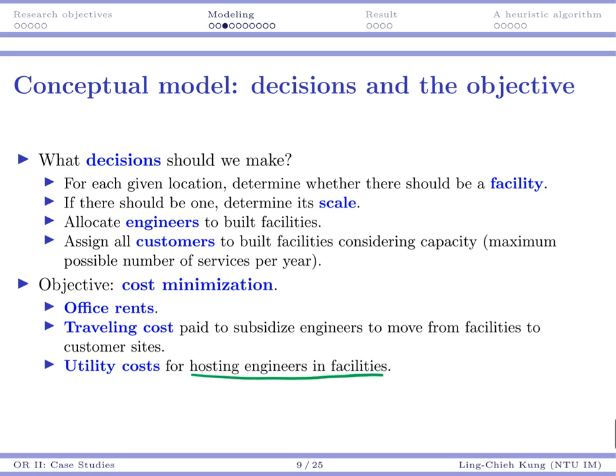Okay? So whenever you are trying to describe your decisions, describe your objective terms, don't forget to link everybody. The cost terms must be relevant to part of your decisions. Okay? And for all those things that are relevant enough, you need to include all of them in your problem description.